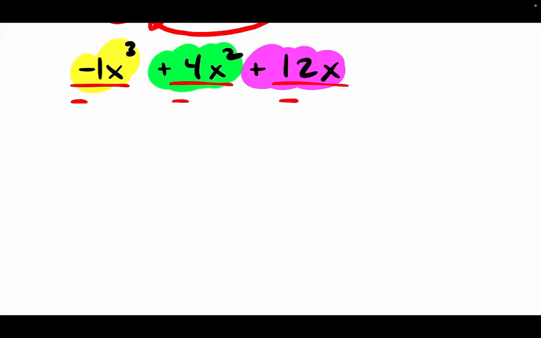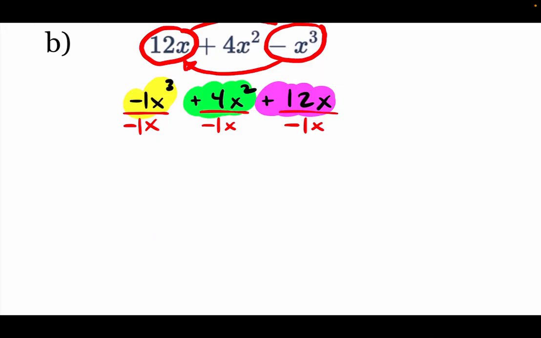A negative 1? Well, let's look at x's. Do they have x's to give? Yeah, this one's got 3, this one's got 2, this one's got 1. They all have at least 1 to give, right? So I'm going to divide by a negative 1x, or a negative x, either way, that's my GCF. So that goes in the front. GCF always goes in the front.